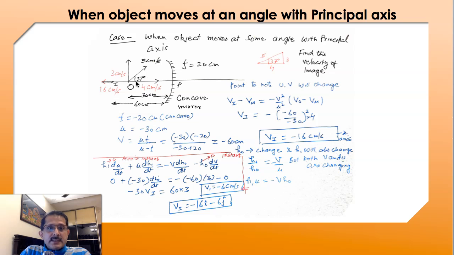The question is, there is a concave mirror with a focal length of 20 centimeter. As you know, the focal length of a concave mirror is always negative, so make sure that you consider the right sign. Now this object is moving like this.